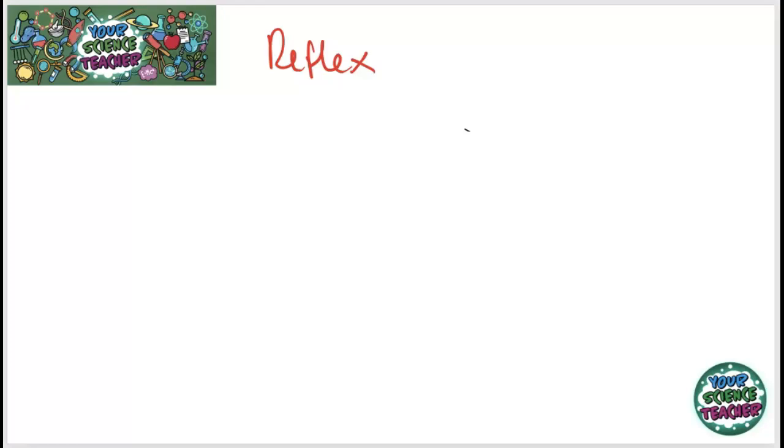So how do these responses happen? Well, first, the stimulus needs to be detected, and we use sensory neurons to detect this stimulus. For a reflex reaction, this stimulus is going to be quite extreme. Maybe you've been pricked by a needle, or maybe you've touched something extremely hot and you're going to need to move away very quickly.